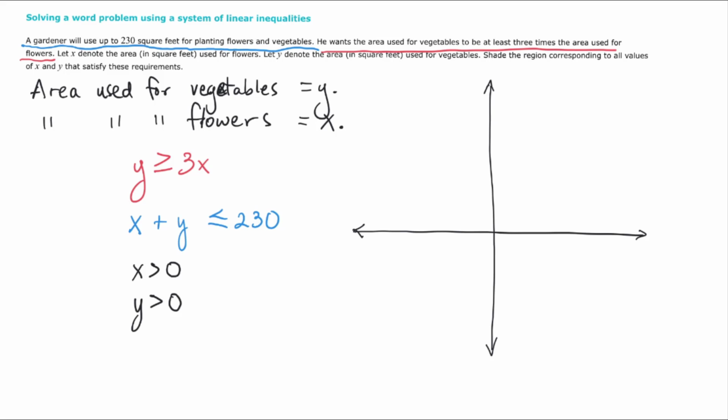So you have one line that has the slope of 3, and this is not to scale, by the way. I'm just going to do a rough sketch here. I'm going to have a straight line that goes this way. And let's label this line y equals 3x. I'm actually going to label these green.